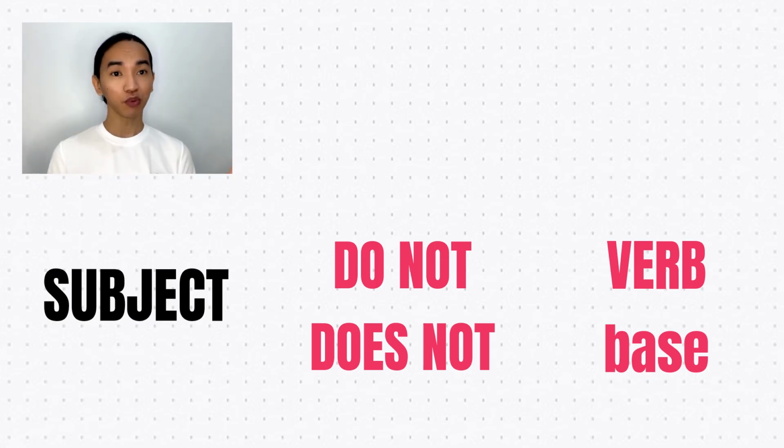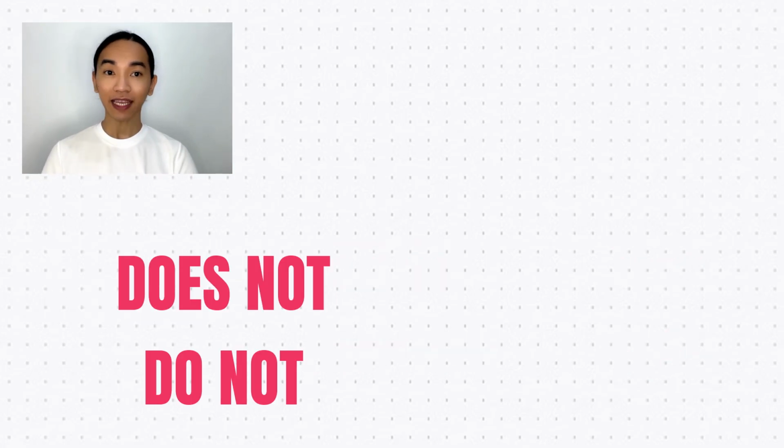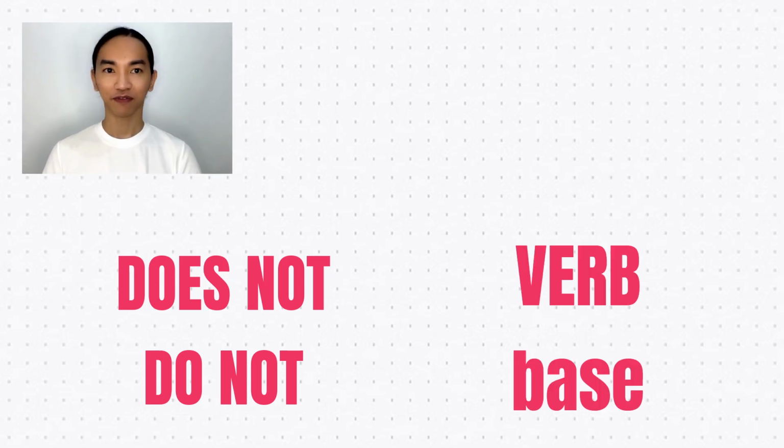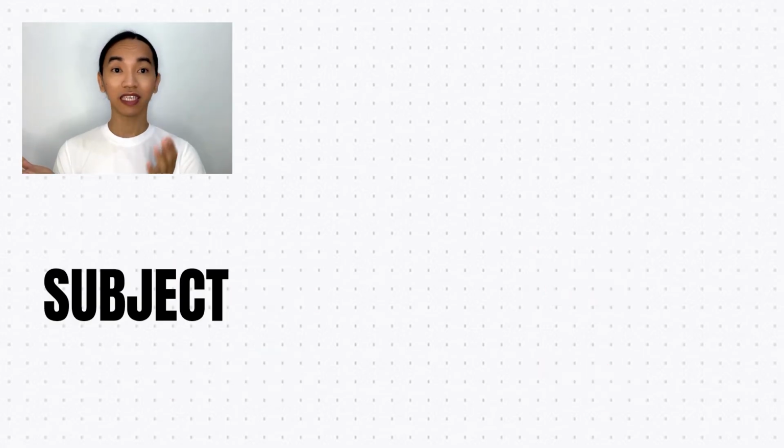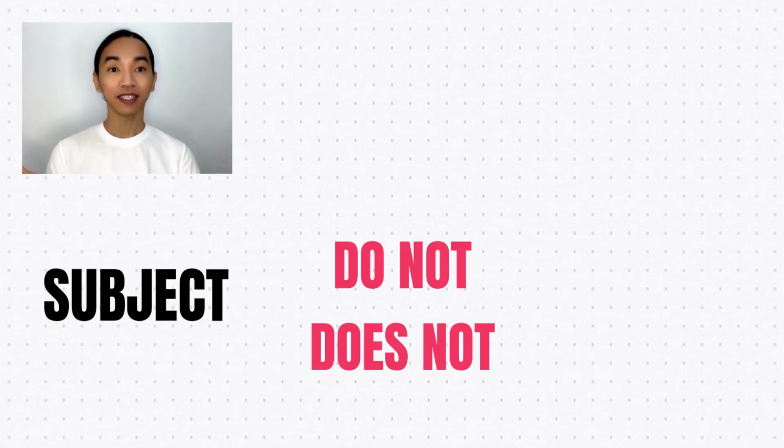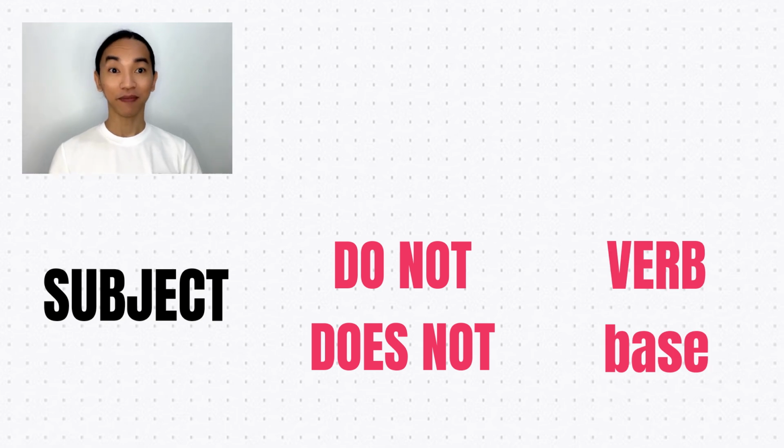The special rule here is if you are using do and does in your sentences, you only use the base form of your verb. So subject, do, does, not, plus verb in base form. That is your negative form of the sentence.